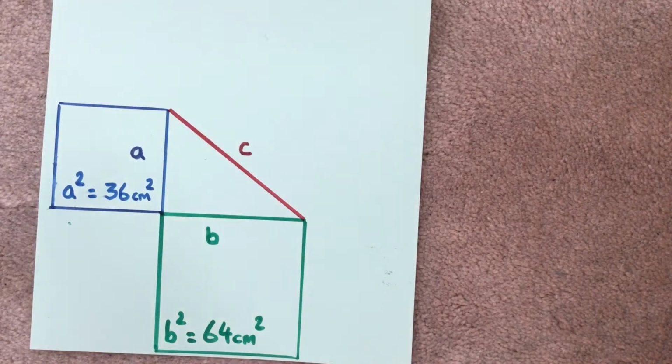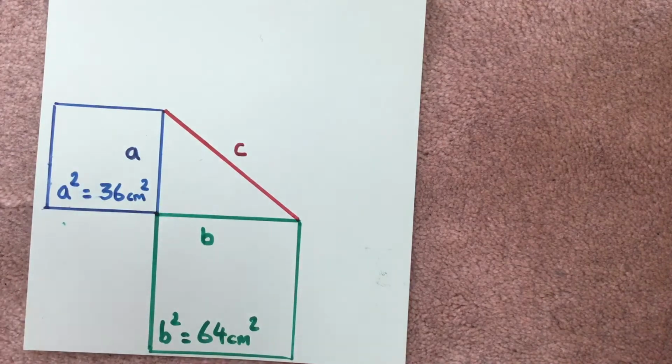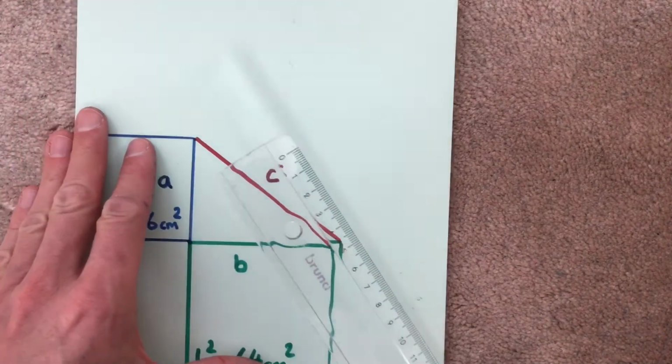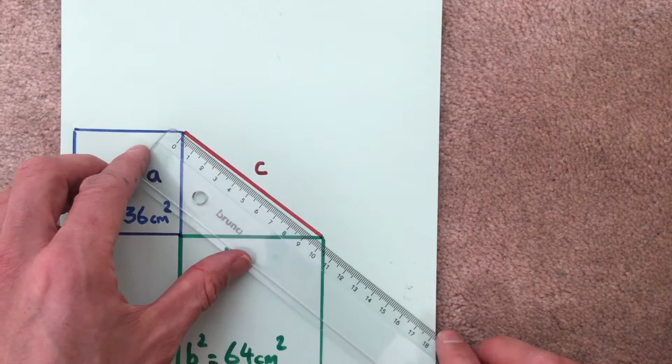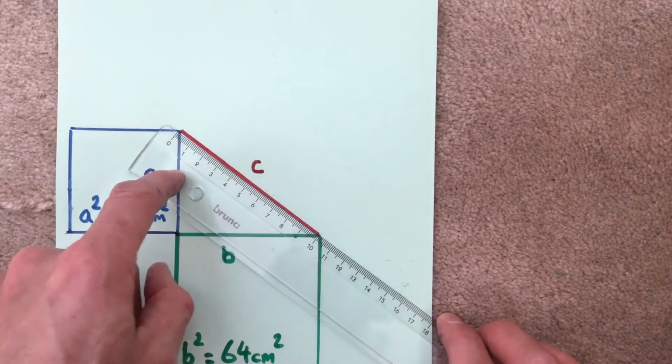And I know that if I do the square root of 100, I will end up with 10. So I'm expecting this side, the hypotenuse, to be 10 centimeters. So let's see. If I've got this wrong, I'm going to have to start my video again. And you can see, hopefully on the video, that it is 10 centimeters long.